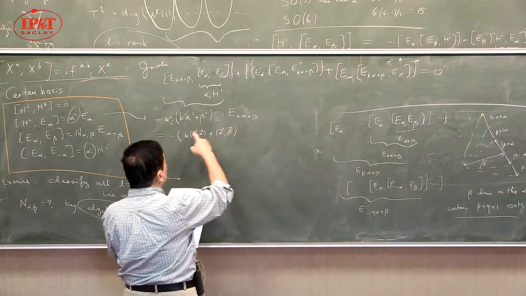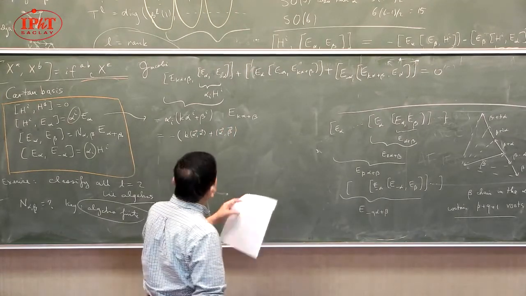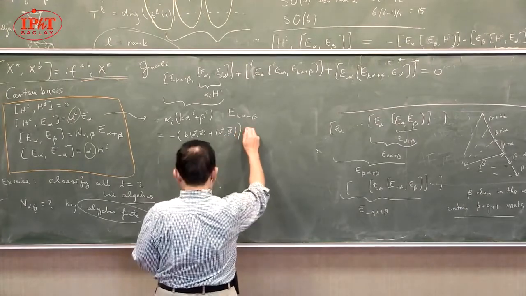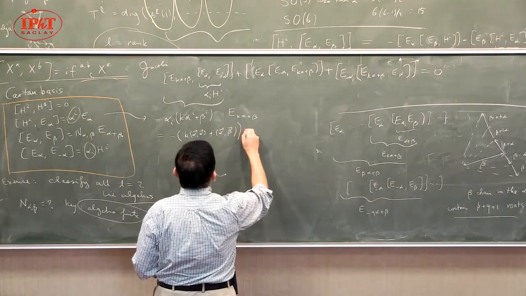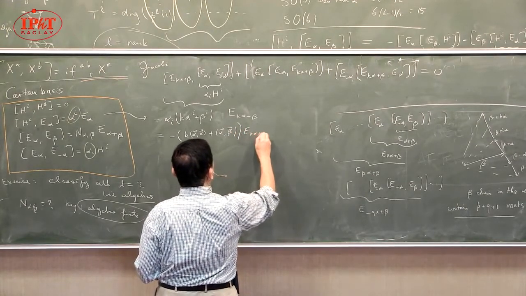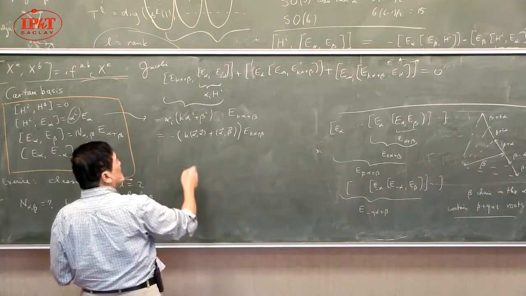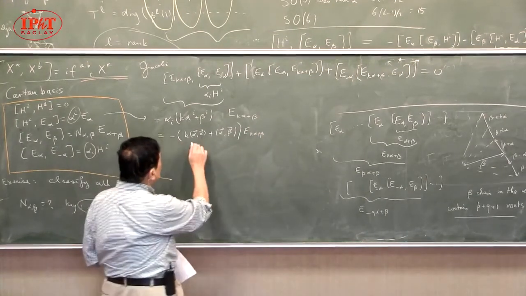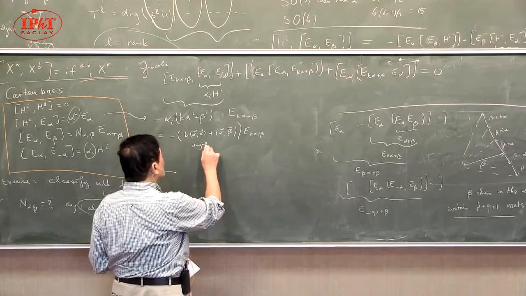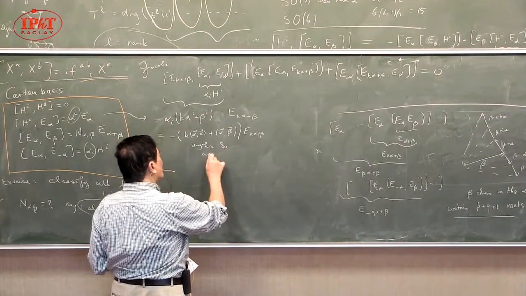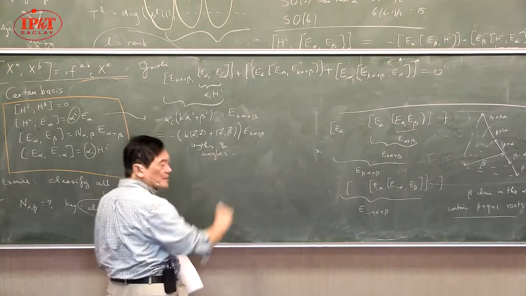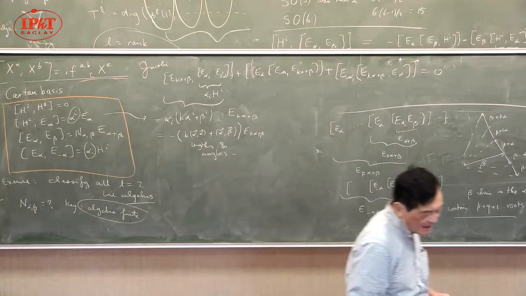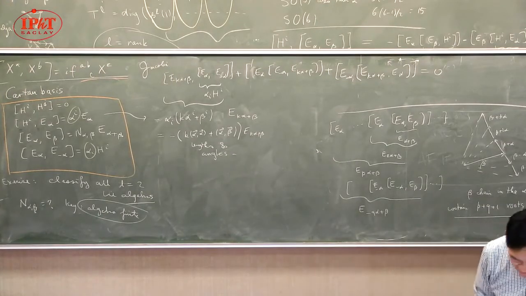And again, I put the vectors back to emphasize it's vectors. And E alpha plus beta. Okay. So now you see how lengths and angles, the lengths of the root vectors and the angles between the root vectors, are going to come in. So they're all going to pop up.